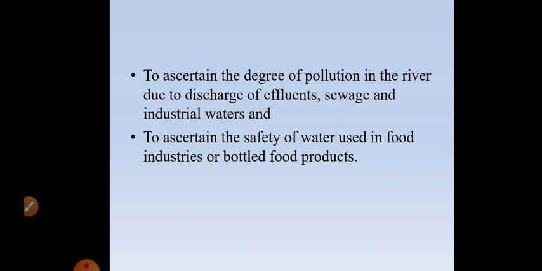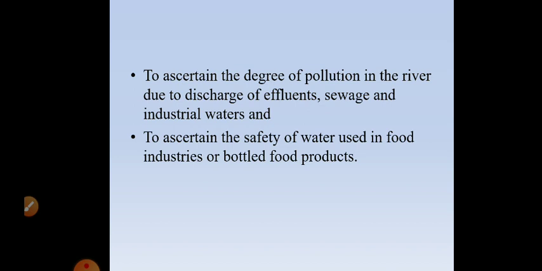Another significance is to ascertain the degree of pollution in a river due to discharge of effluents, sewage and industrial waste. So we want to make sure how much the water is getting polluted, if you are considering a river body in which the effluents, sewage and industrial waste is dumped.